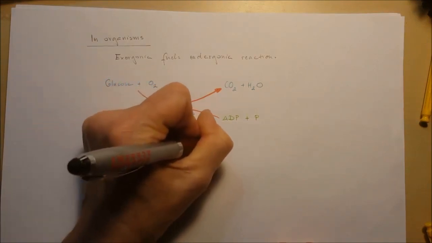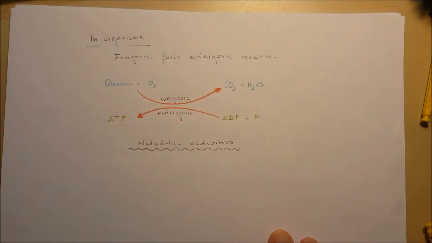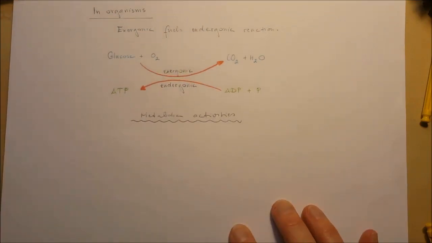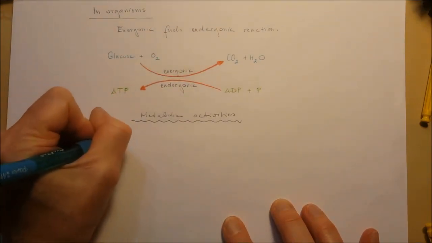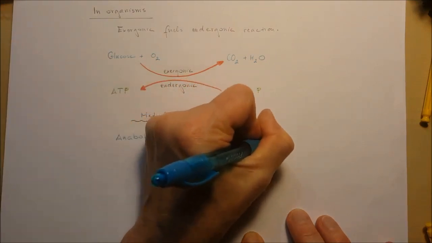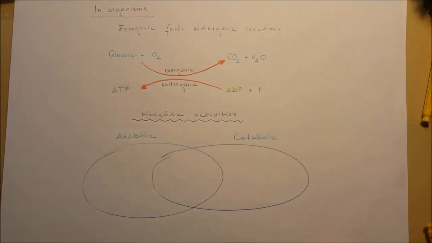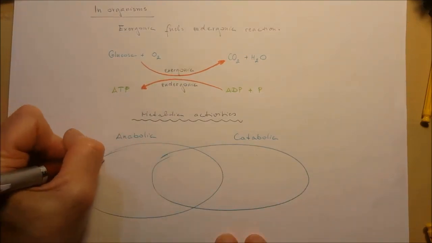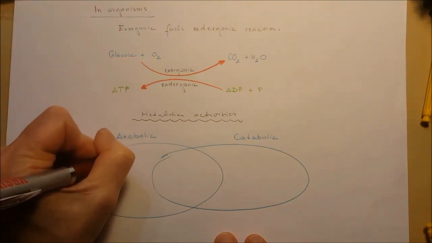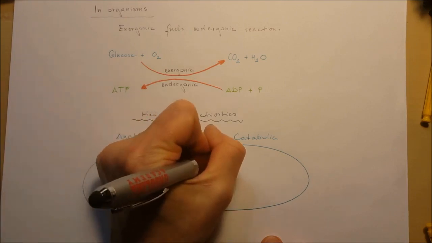So metabolic activities, all the activities that happen in our body, are made up of anabolic and catabolic reactions. These are the two types. Anabolic is building up materials, catabolic is breaking it down. Catabolic reactions happen spontaneously in our cells, in our body.